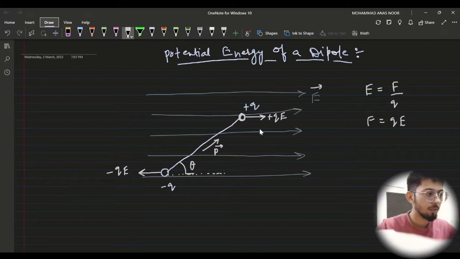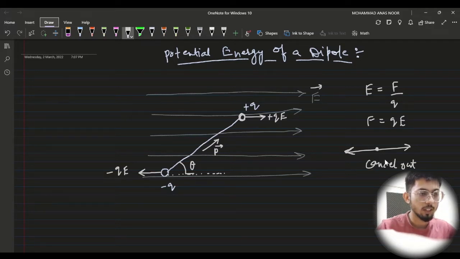So in a nutshell, these two forces cancel out each other because they are along the same line. If there is this force and another force in this direction, they cancel out each other. But they are not along the same line here.